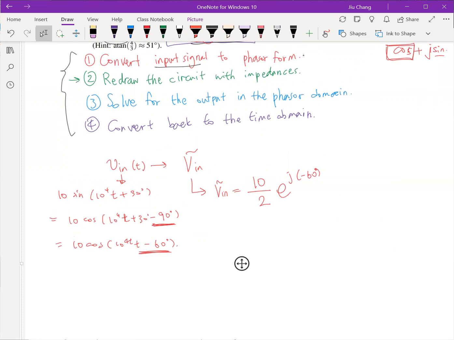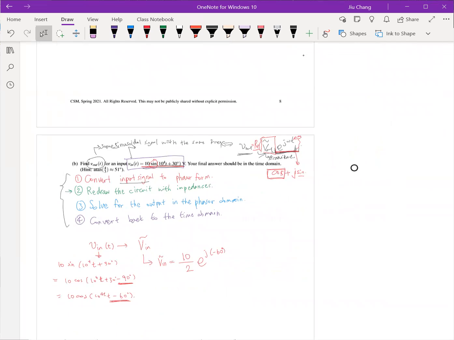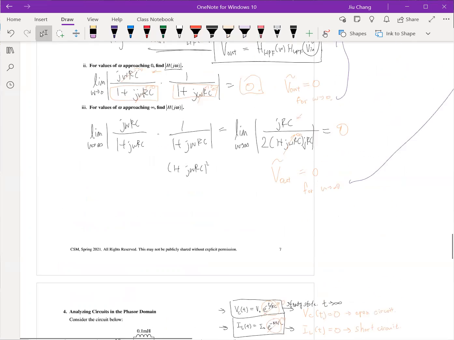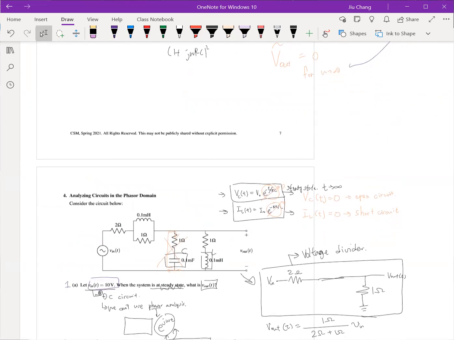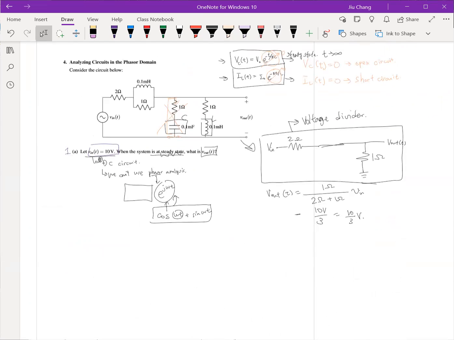So you will notice here that we have our very complicated circuit with a capacitor and 2 inductors and several resistors.